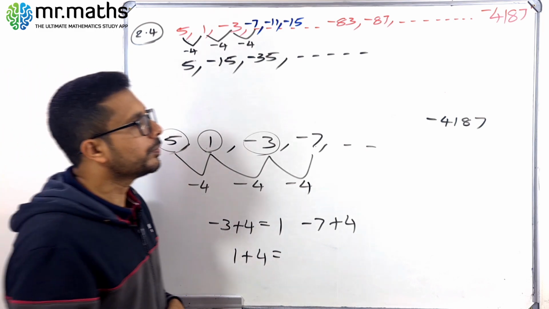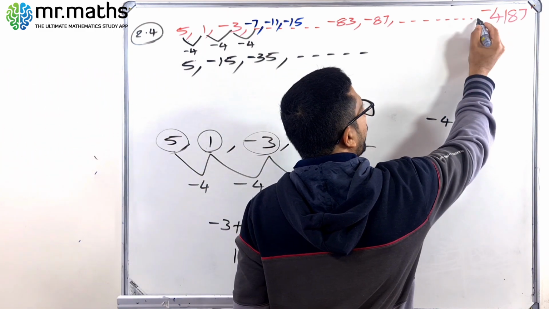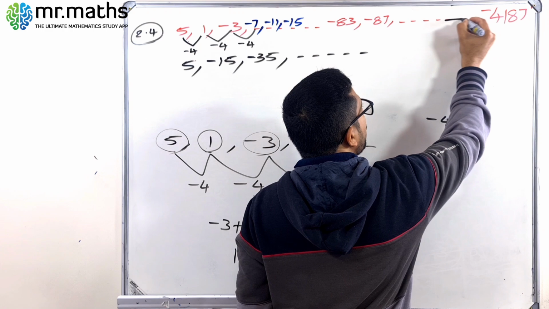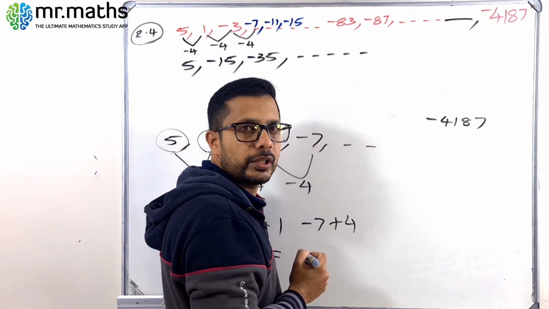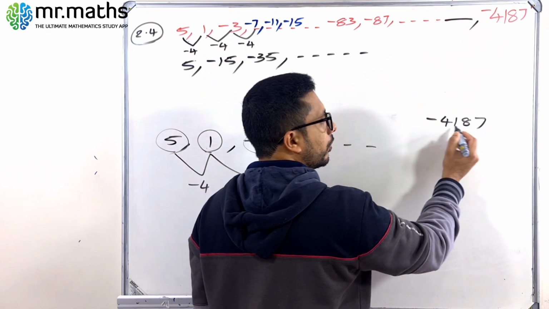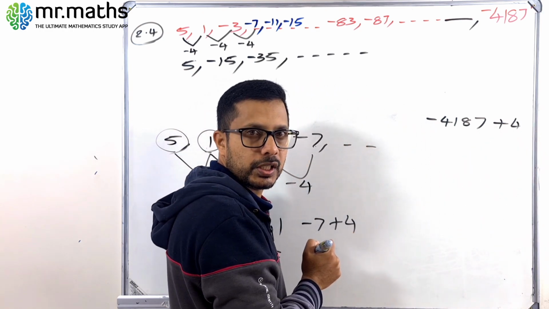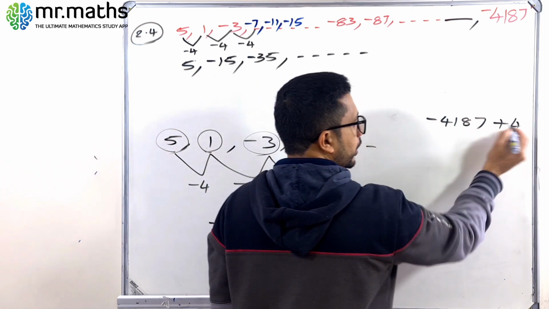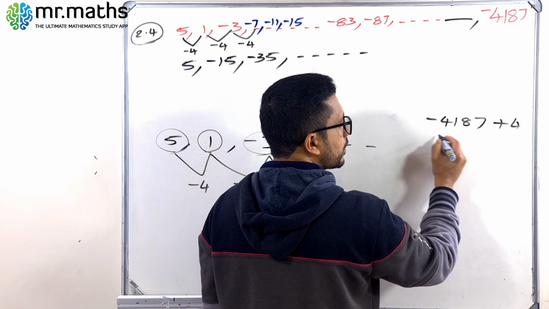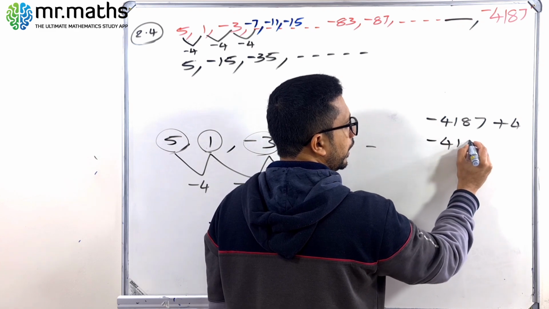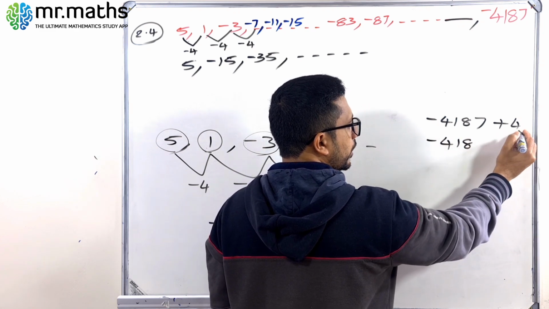Okay, so similarly in this number, to get the previous number, what must I do? That is minus 4187 plus 4. You understand? So what is that number? Check in your calculator. This is minus 4187 plus 4. You can check in your calculator.